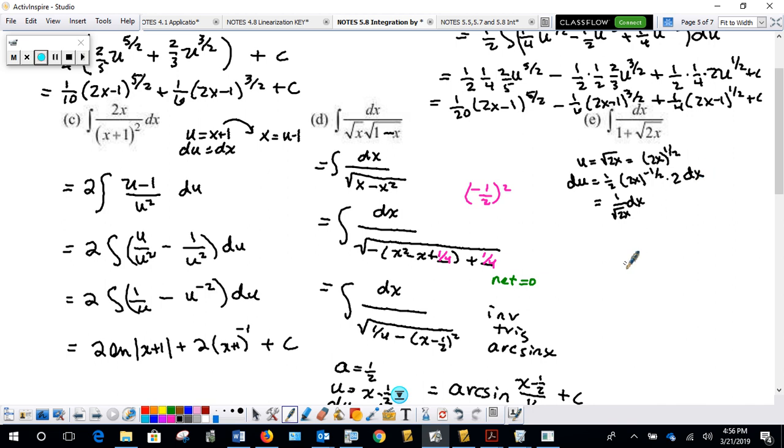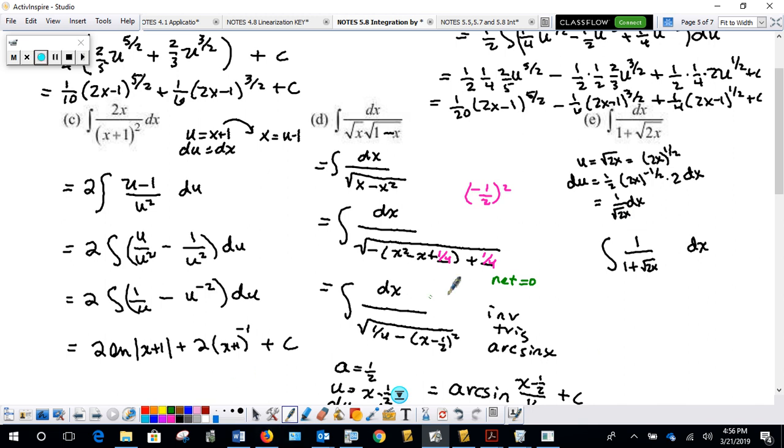And so the problem that we have here with this u substitution is I'm missing something from the dx. If I separate this out, I'm going to have 1 over 1 plus square root of 2x, and then I've got the dx out here. What I'm missing is 1 over the square root of 2x. You can add it in.